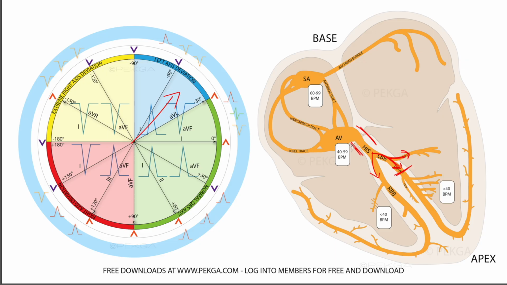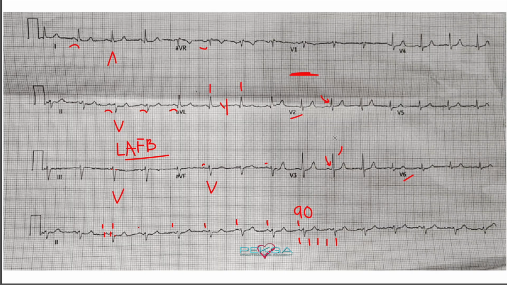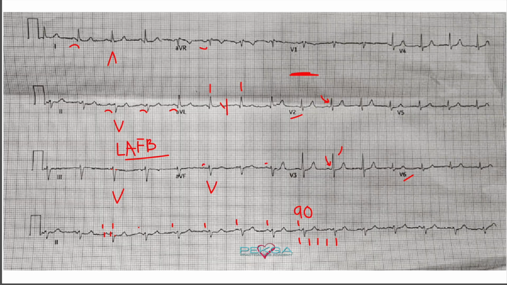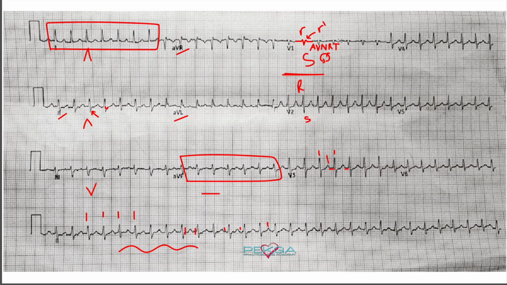So there could potentially be an accessory pathway located in the septum of the heart, and it's allowing for this fast heart rate to happen with a narrow QRS complex. That is possible, in which case this would be AVRT, orthodromic AVRT, and it would not be AVNRT.